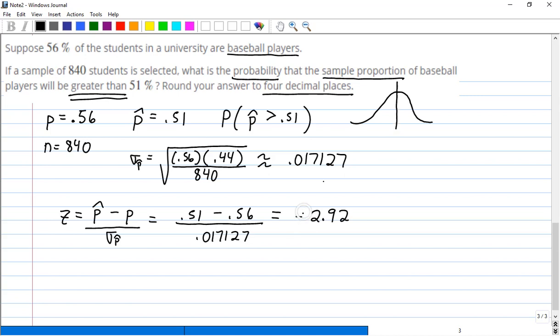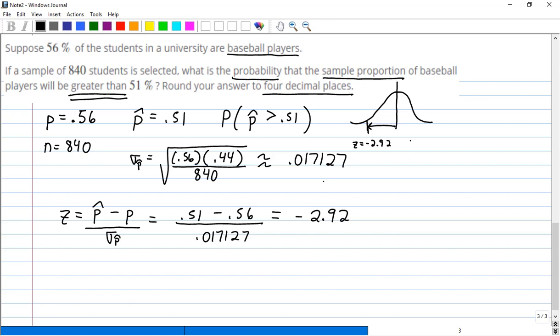Negative 2.92 means I need to go to the left almost 3 standard deviations. So I'm just going to guess that about right here is probably a z-score of negative 2.92.